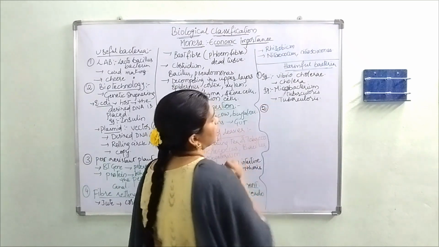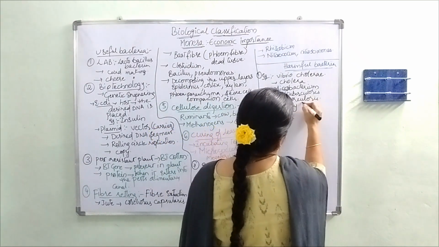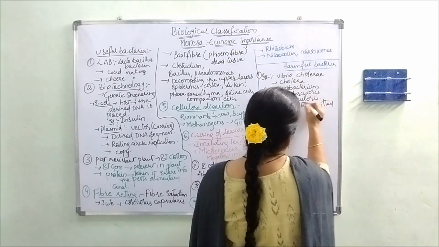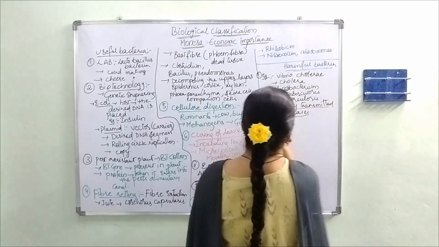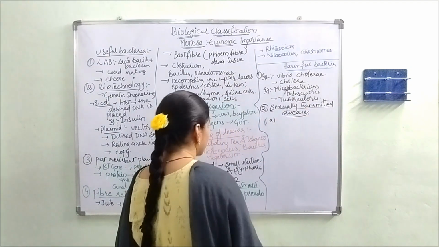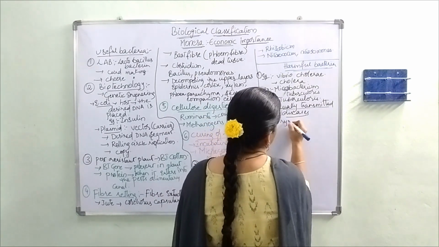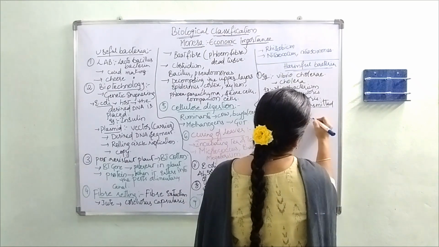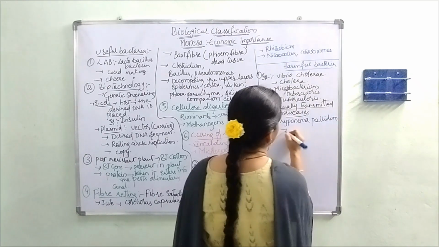Next, coming to the sexually transmitted diseases. Number 1 is Treponema pallidum, the organism which causes the disease called syphilis.